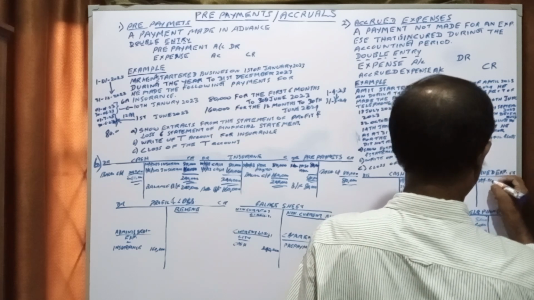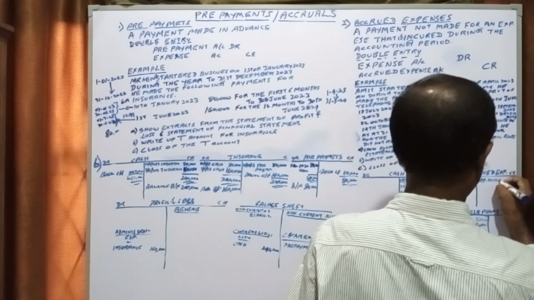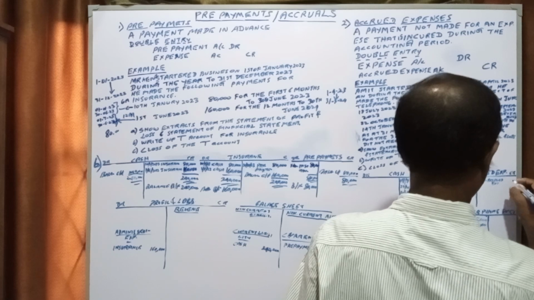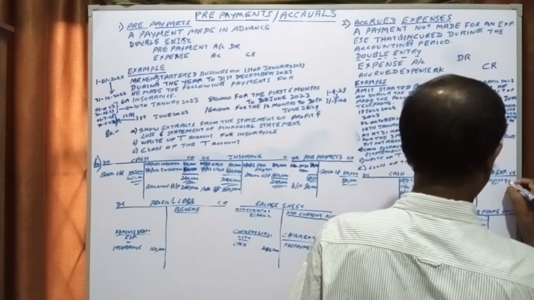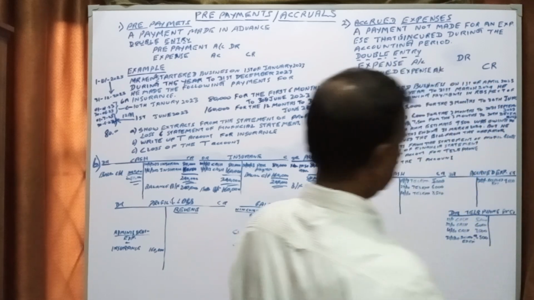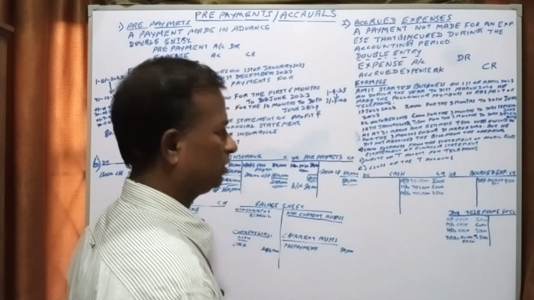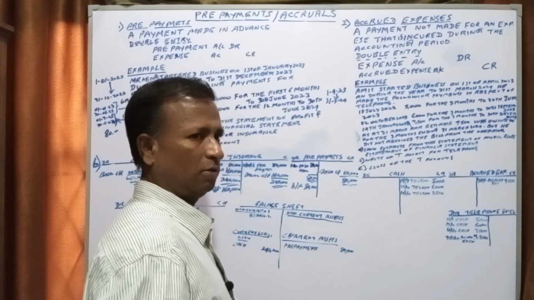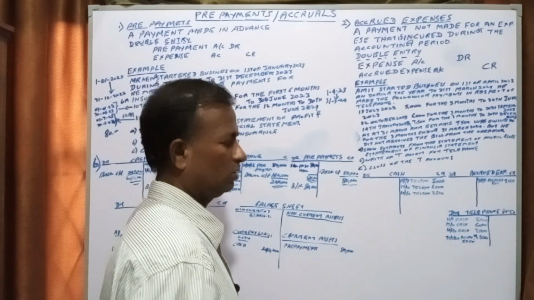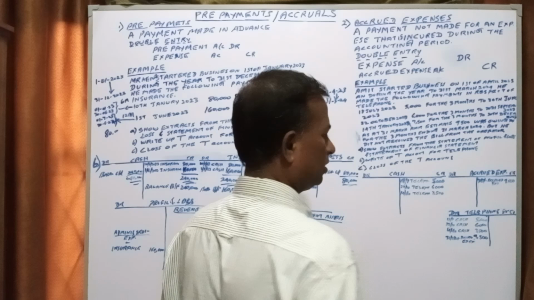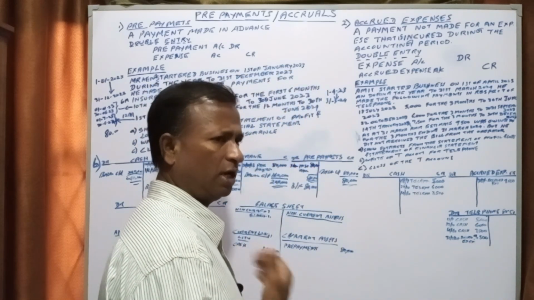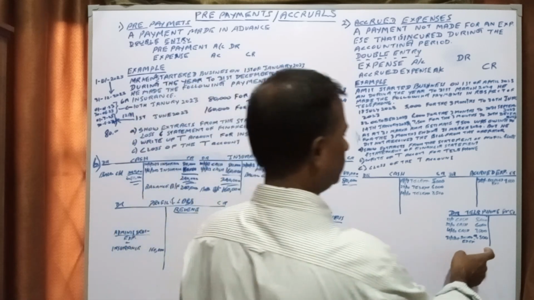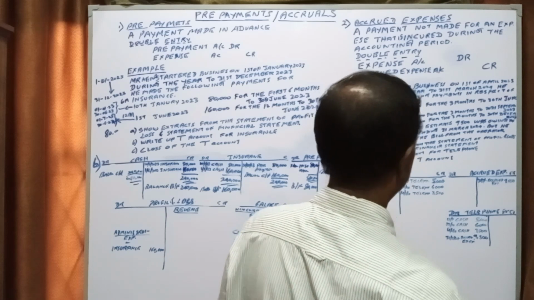Why are we crediting the accrued expenses? Because it is payable by us, right? Why are we debiting the estimated amount to telephone charges? Because that expense for the last 3 months has to be paid. So that's why we are debiting the telephone charges.